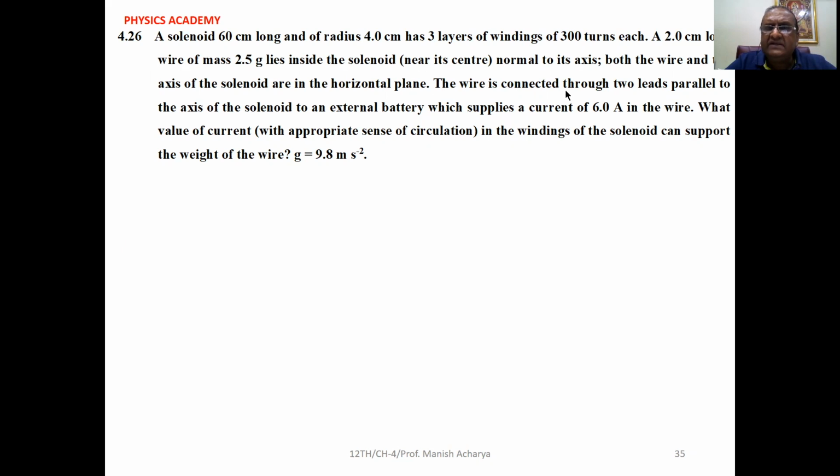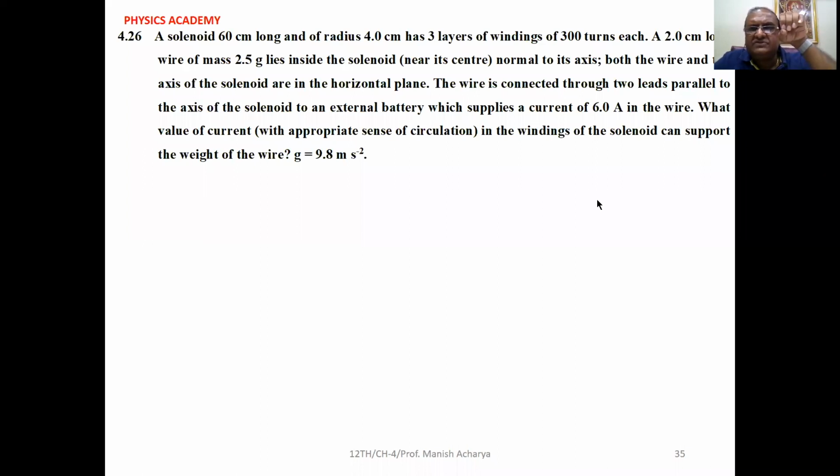The wire is connected through two leads parallel to the axis of the solenoid to an external battery, which supplies a current 6 ampere in the wire. What value of current in the windings of the solenoid can support the weight of the wire? Take g as 9.8 meter per second square.